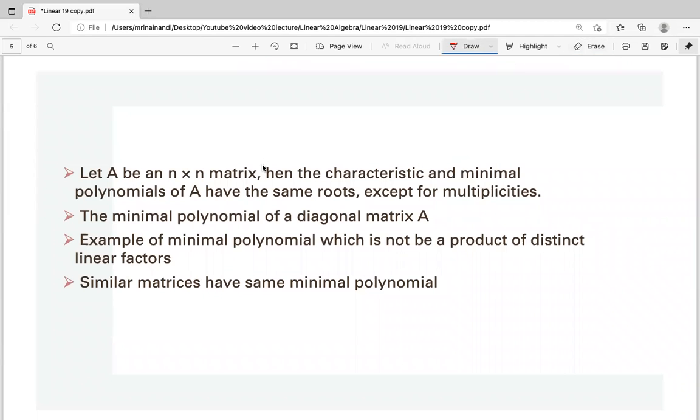Let A be an n cross n matrix. Then the characteristic and the minimal polynomials of A have the same roots except for the multiplicity. This is the most important result.